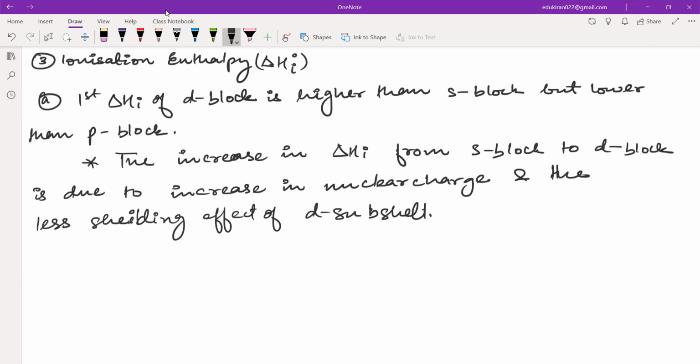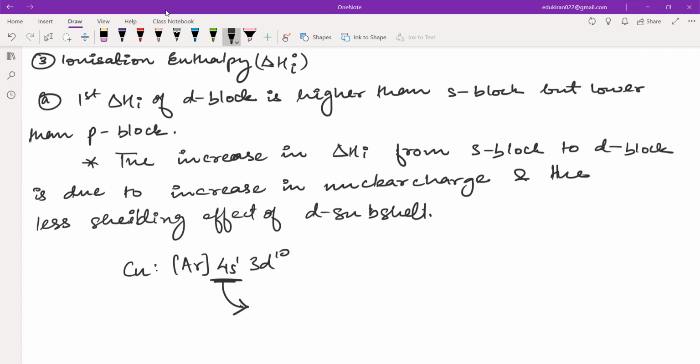Okay, so one more thing you have to remember: when we are removing the electrons from D block, it is the S subshell electrons that are getting removed. For example, let us say copper. Copper is argon 4s1 3d10. In this you can see that 4s is the outermost electron, that is why this 4s electron is going to be removed.